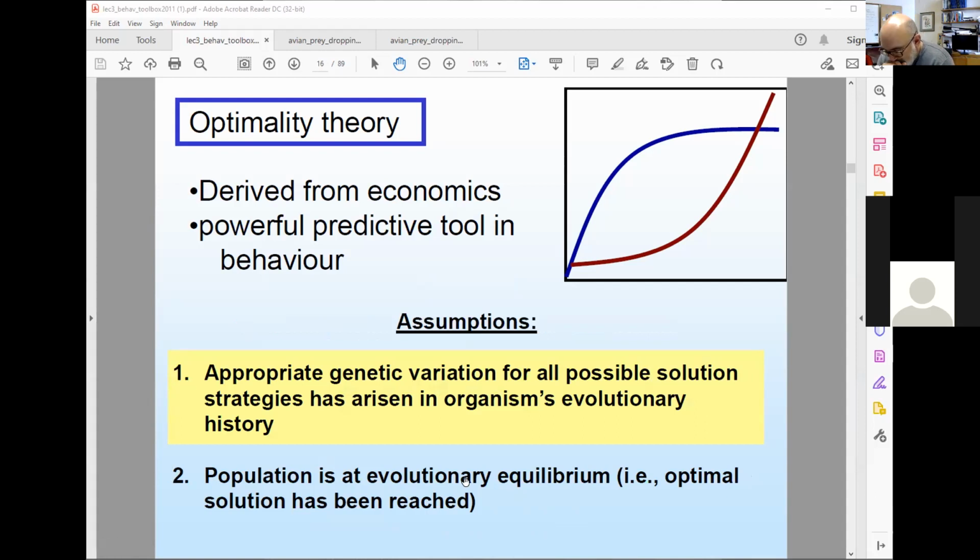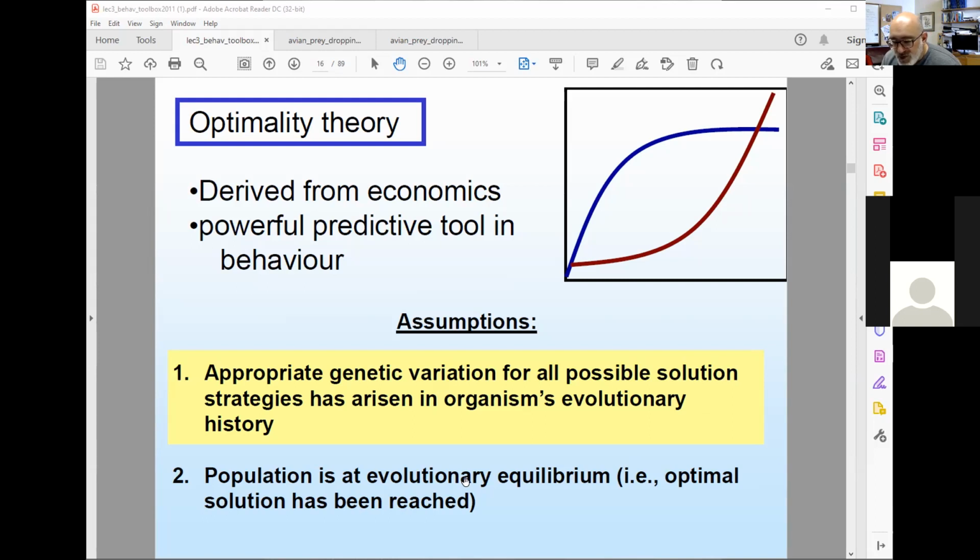So what that means is that we assume that if there was a behavioral trait that would maximize fitness, then over the evolutionary time of a given organism, there was genetic variation in the organism that would have allowed for that optimal behavior to evolve.